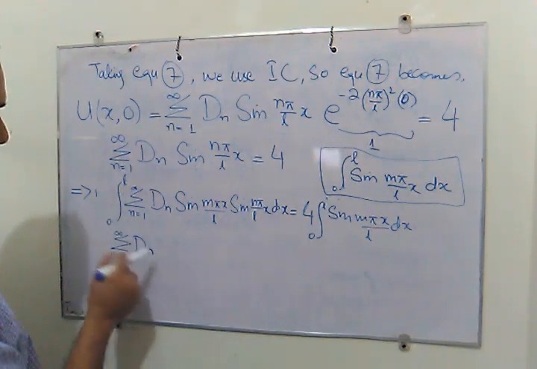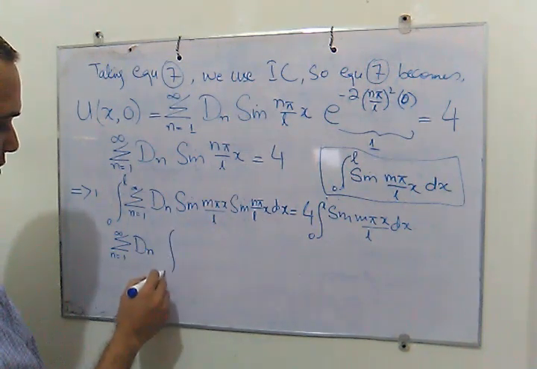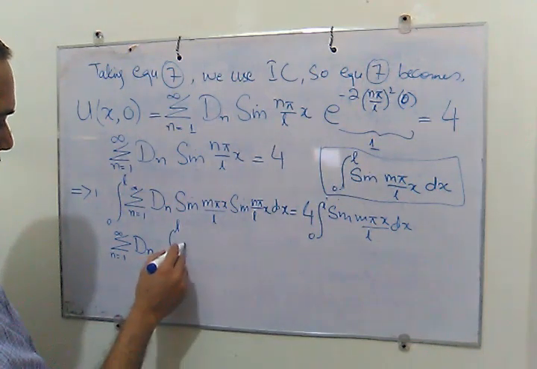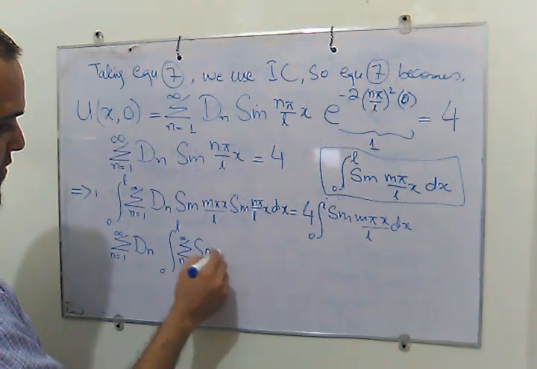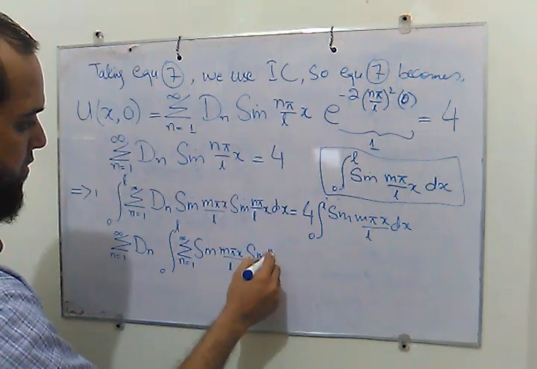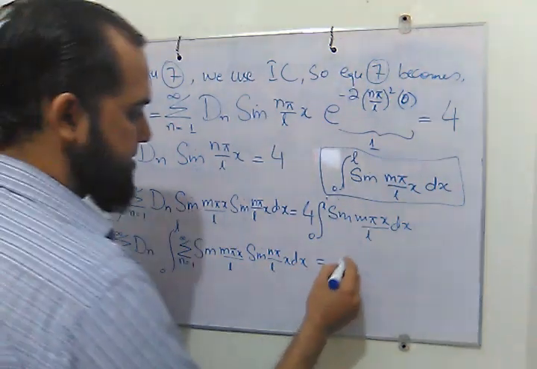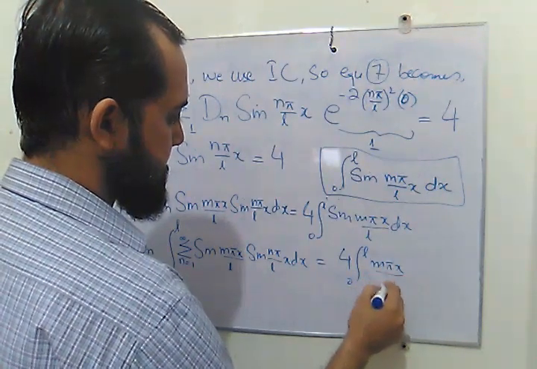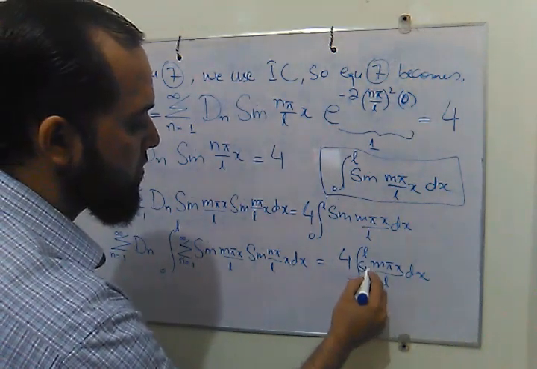So summation on dn will be as it is, summation of this when opened.